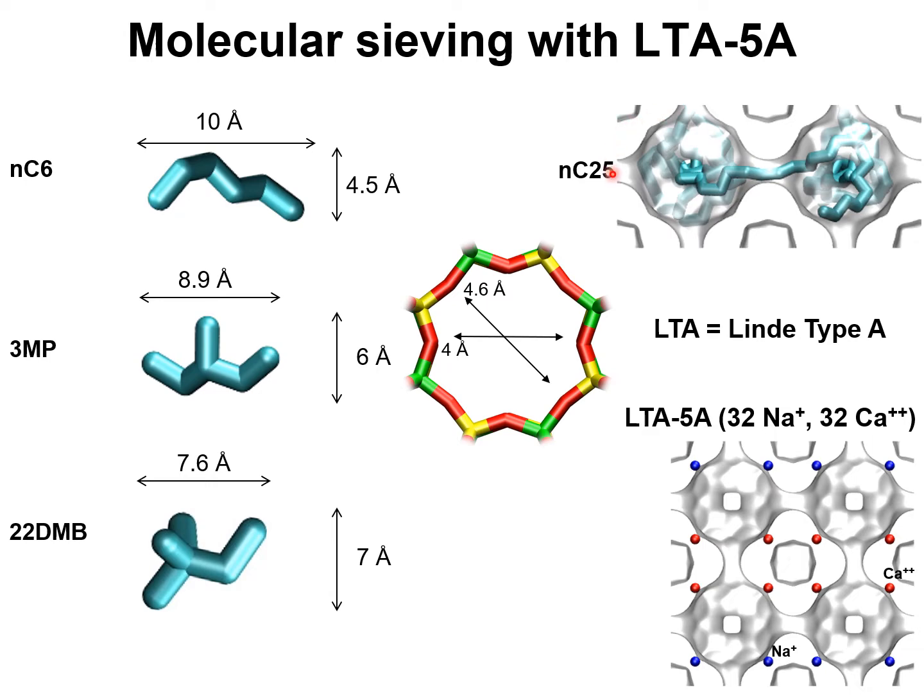The LTA structure consists of cages separated by windows that have dimensions of about 4 angstrom to about 4.6 angstrom.